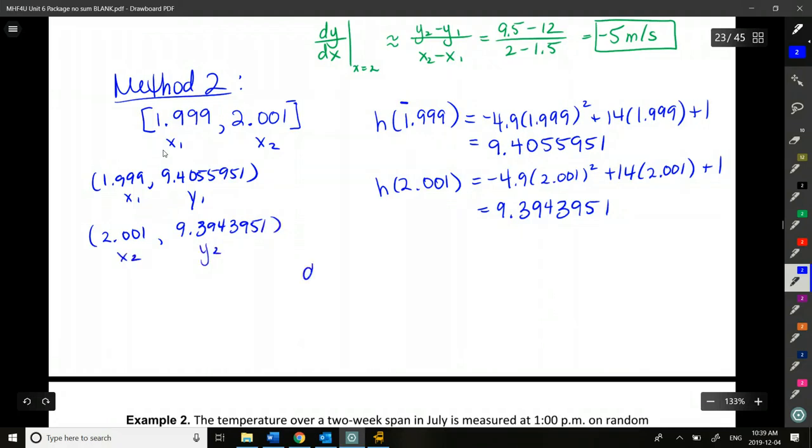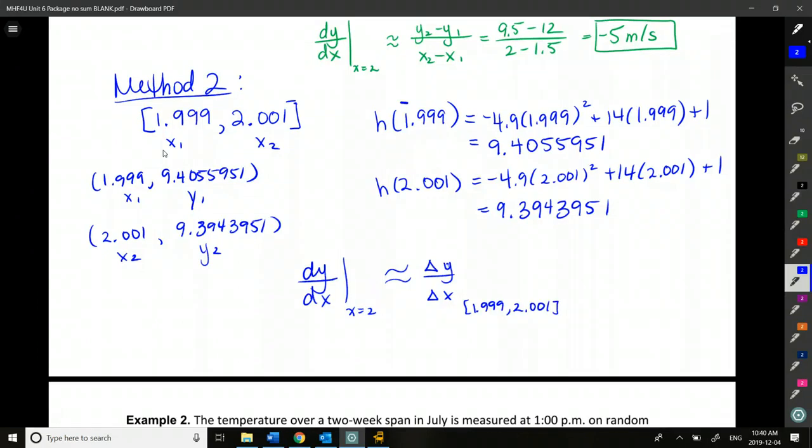Okay, so we're going to say dy over dx or dh over dt when x equals 2 is going to approximately be equal to the average rate of change over the interval from 1.999 to 2.001. So we're approximating instantaneous rate of change with an average rate of change calculation, like a secant slope.